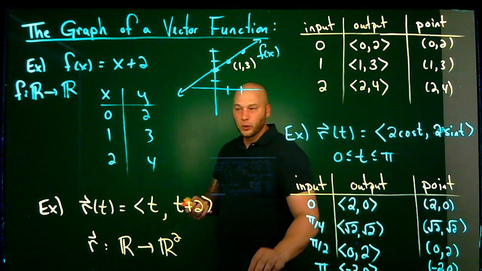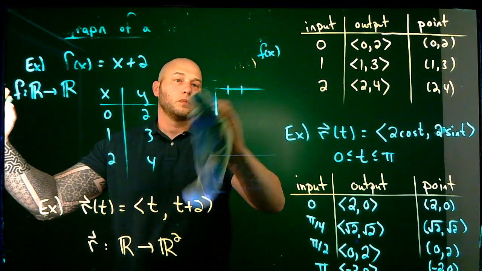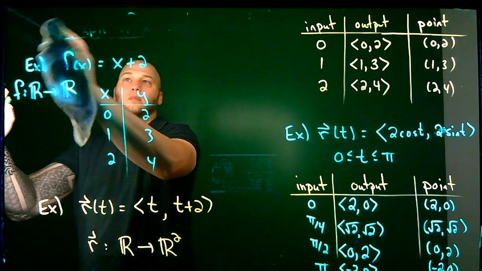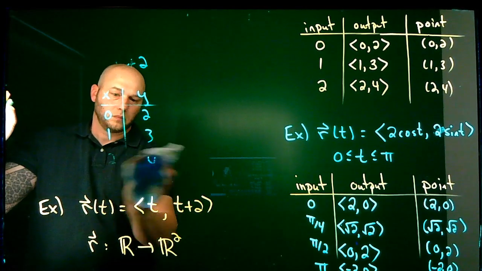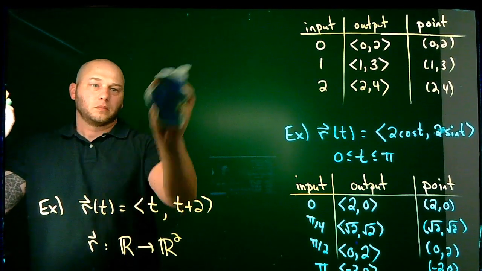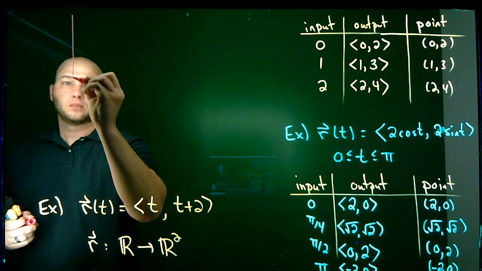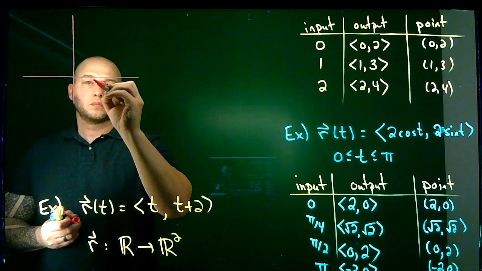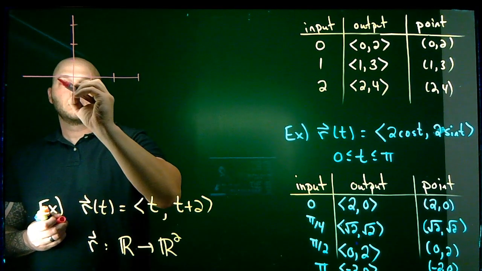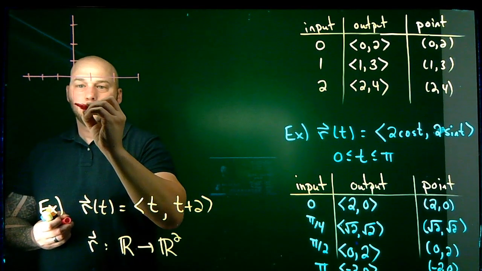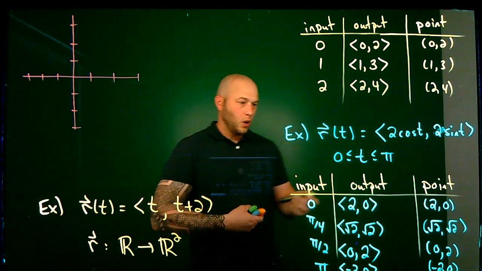I go ahead and plot those points. Over 2, up 0.